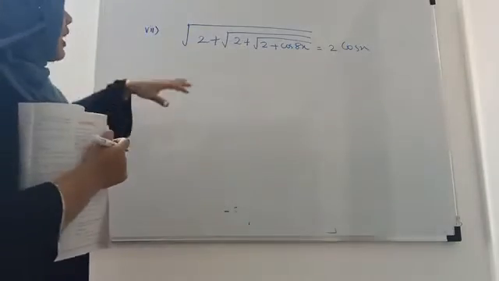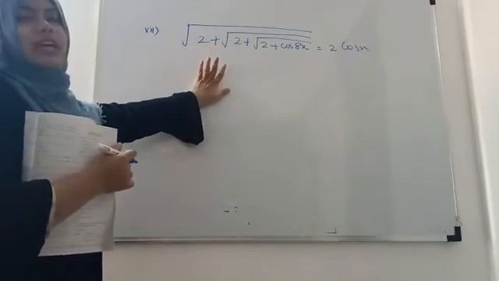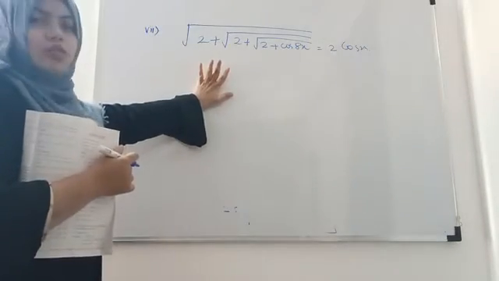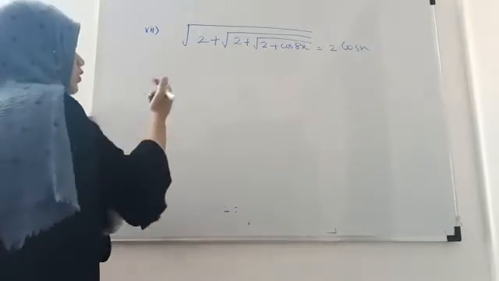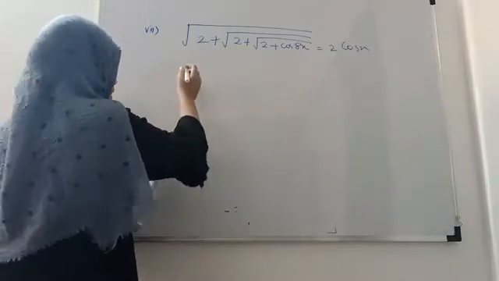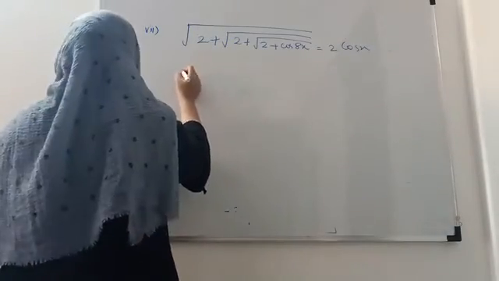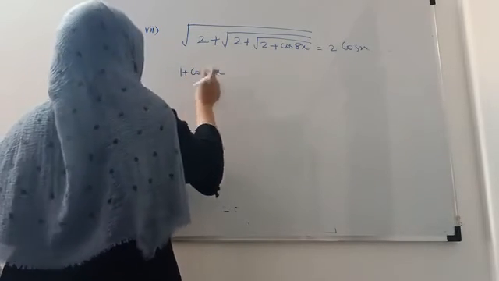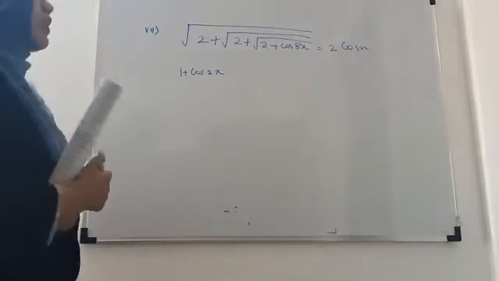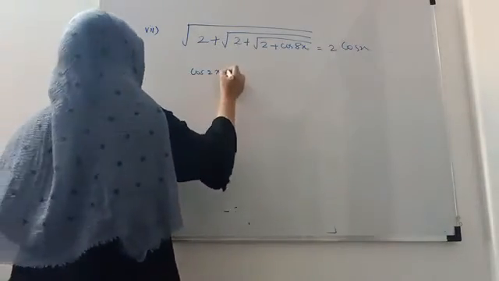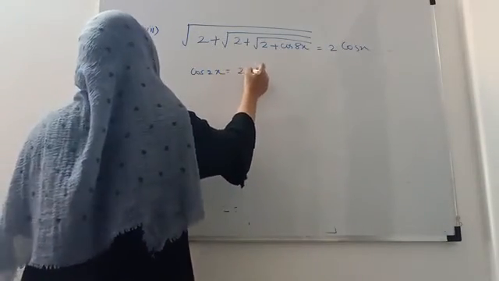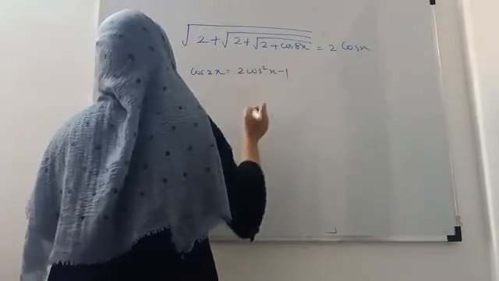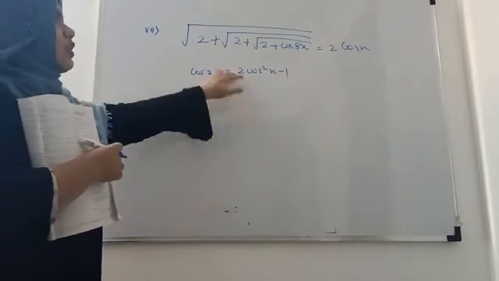So it looks very difficult, but this problem requires only one formula. So which formula are we going to use? It is the 1 plus cos 2x formula. We will use the cos 2x formula, which is cos 2x equals 2 cos square x minus 1. So this formula I'll use over here.